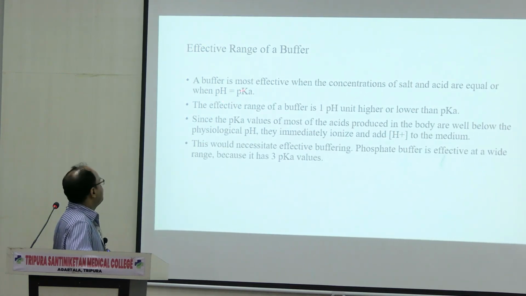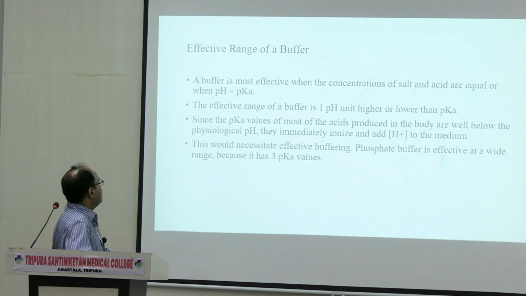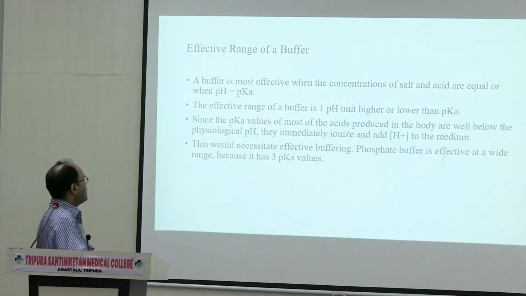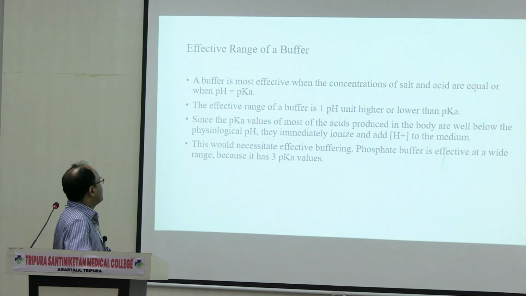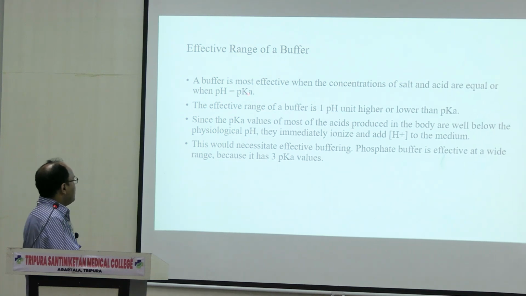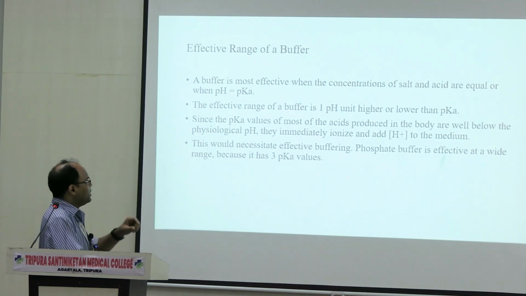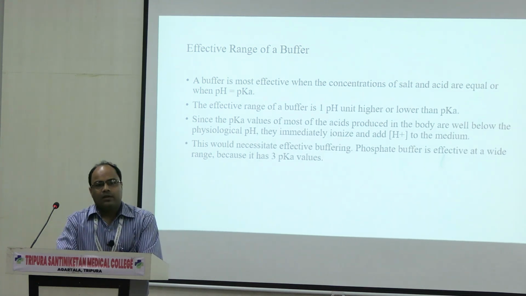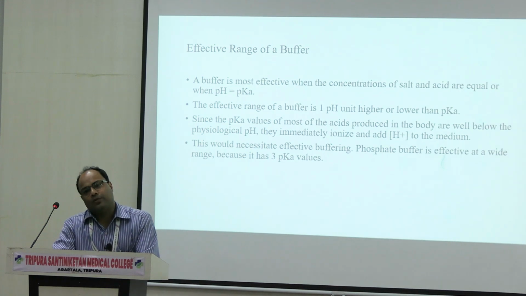Next, effective range of buffer. When pH is equal to pK, the buffer is most effective. The effective range of a buffer is 1 pH unit higher or lower. For example, a given buffer has pH 7.0.